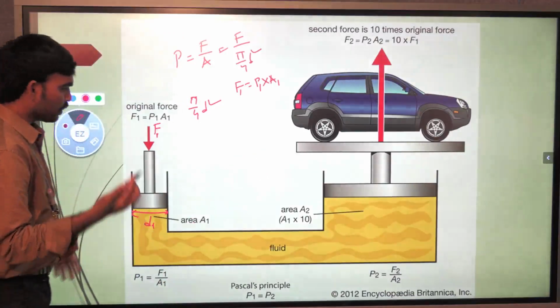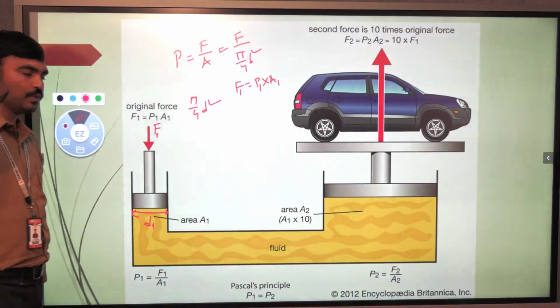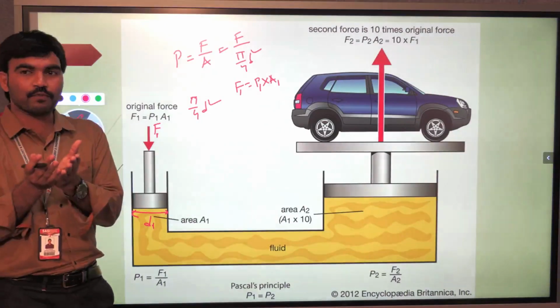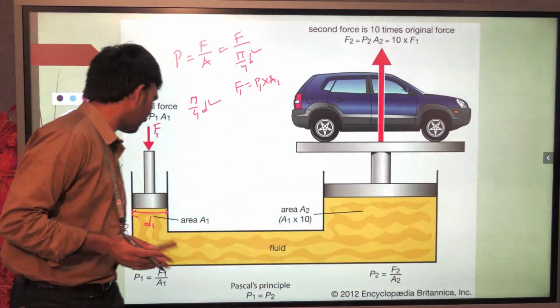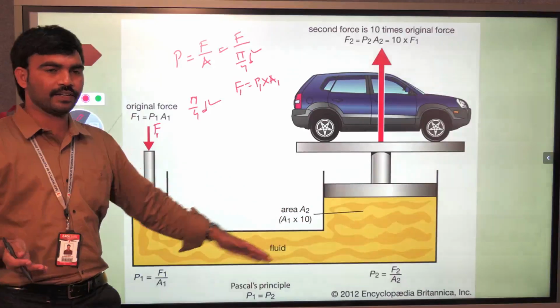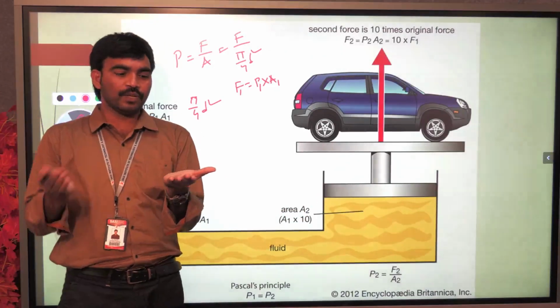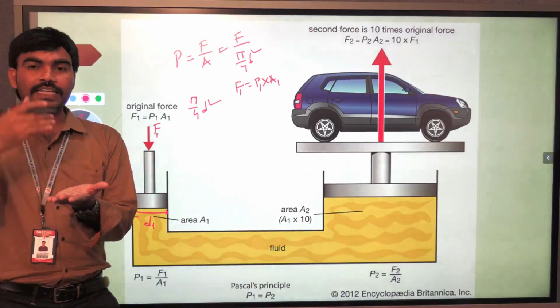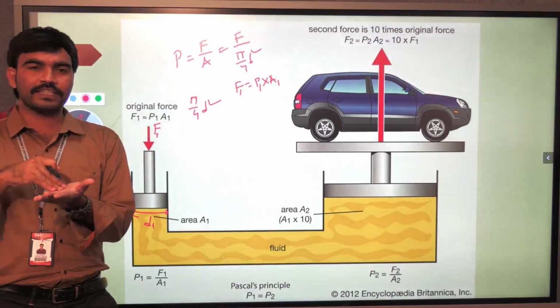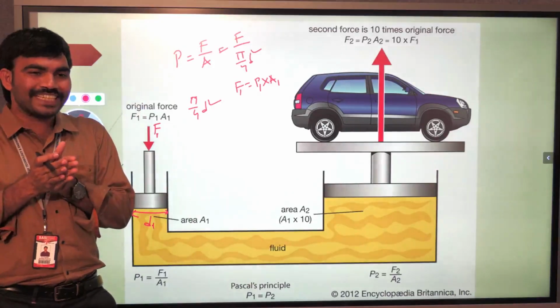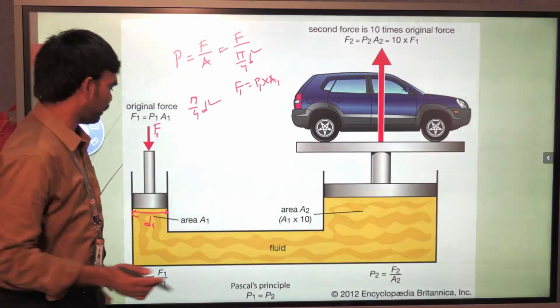So what will happen? As per Pascal's law, the pressure intensity, when the fluid is at rest, in a container, not flowing, at equilibrium, if you apply the pressure, the pressure generated here is equally transmitted in all directions.